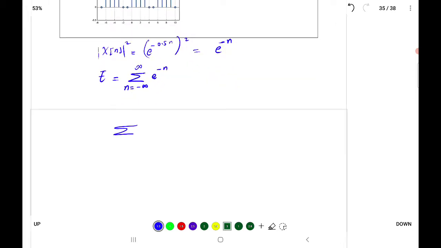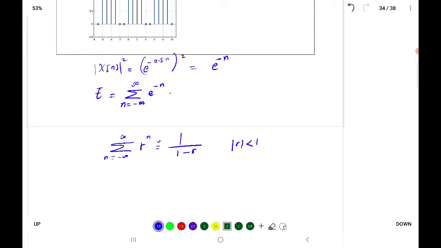If you want to sum r to the power n, it will be equal to 1 over 1 minus r, given that the magnitude of r is less than 1. So how do you do that here? If you take the n out, r will be e to the power minus 1.